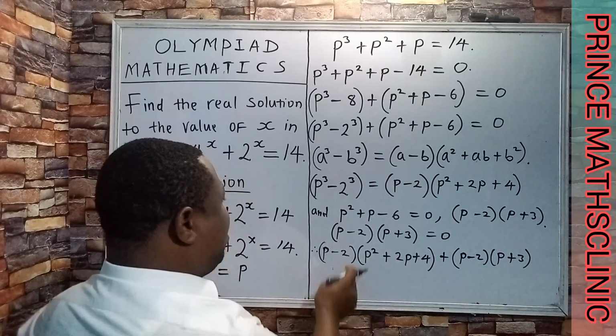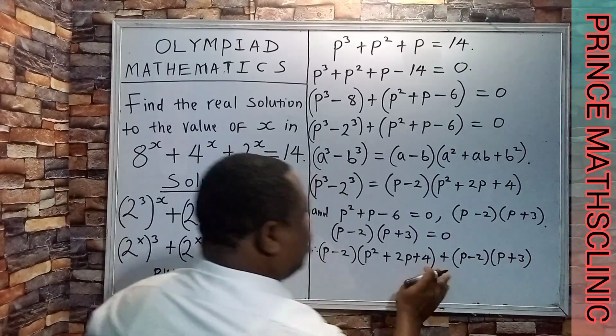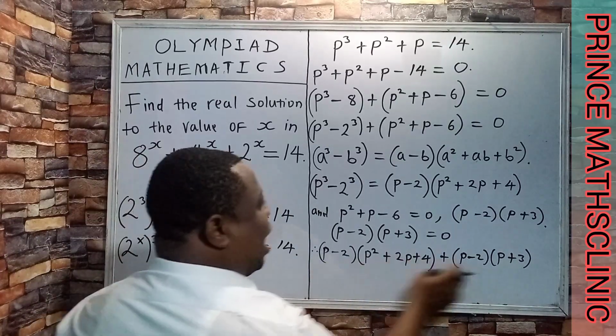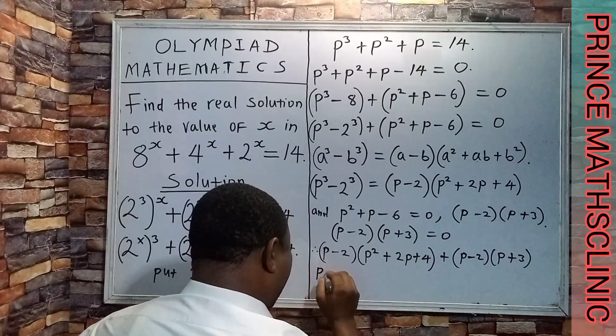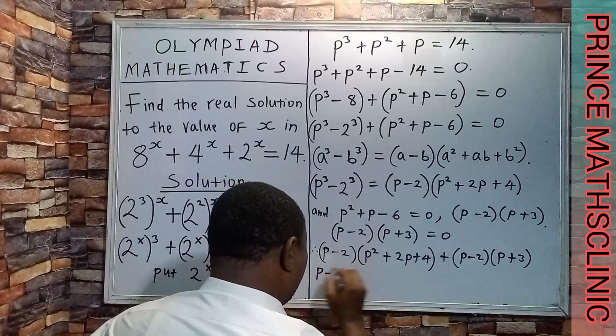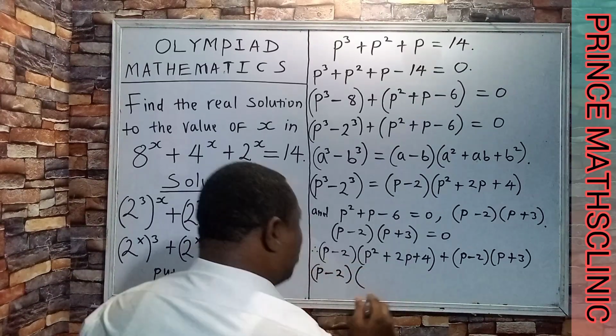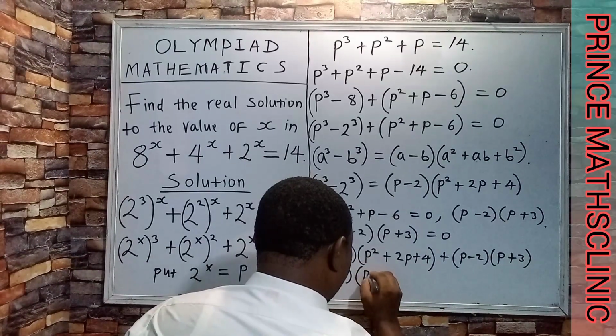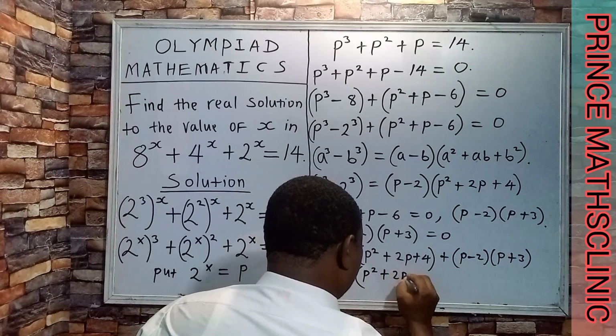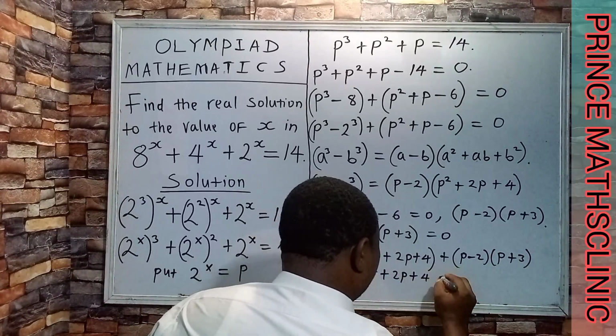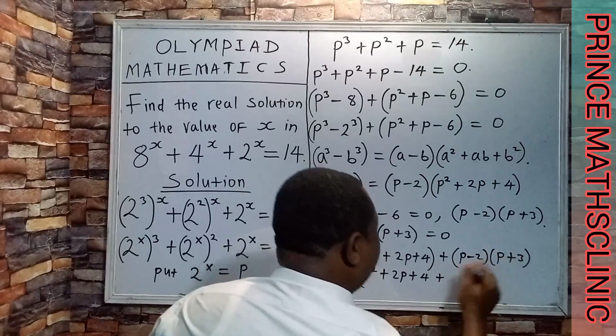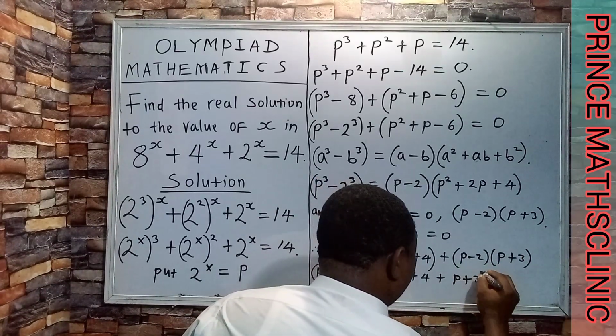Now, if you notice, p minus 2 is common in both sides. Sorry, it's common here and here. So I'm going to factor that out. P minus 2. Then what do I have left? I have p squared plus 2p plus 4, then plus p plus 3.